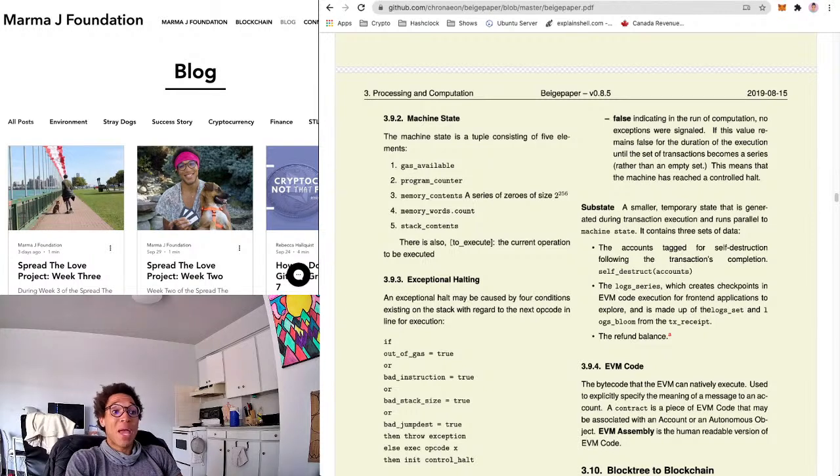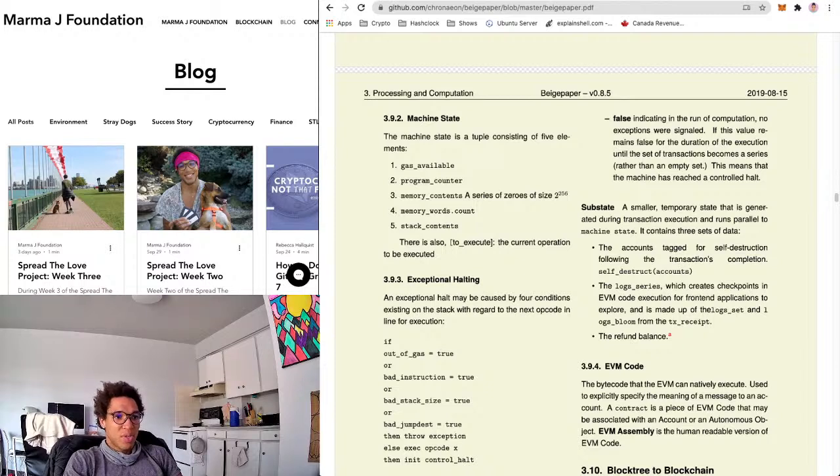If this value remains false, so it's initially false or 0, for the duration of the execution until the set of transactions becomes a series instead of an empty set, this means that the machine has reached a controlled halt. This is one of the things you can test for.